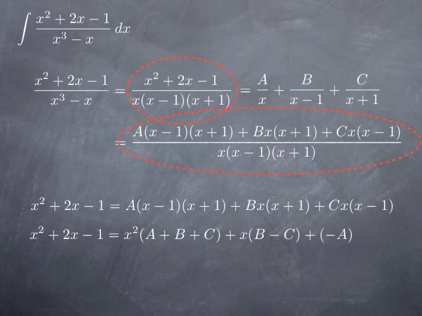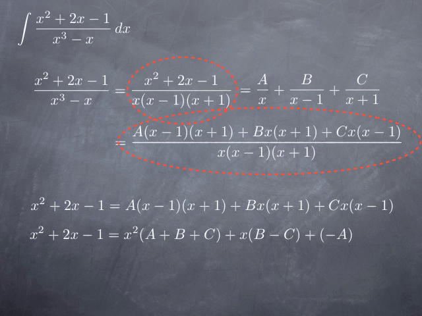The ways to get a term in x, you have ax times 1 and then negative a times x. So this cancels out, and we don't have any term in x coming from the first term in the sum. Then we have bx times 1 and cx times negative 1. So x has as a coefficient b minus c. Finally, the only way to get a constant term is to multiply a by negative 1 and then the result by 1. So we get negative a for the constant term.